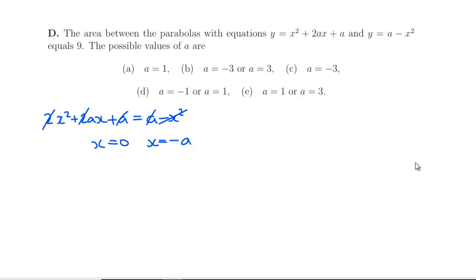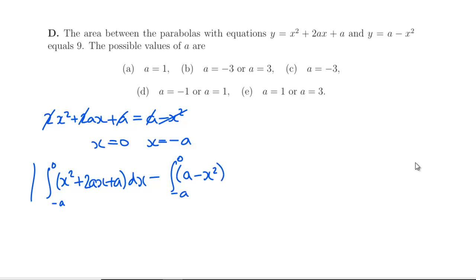So we want to do the modulus of the difference of the integrals. We go from minus a to 0 of x squared plus 2ax plus a dx, minus a minus x squared dx. This is going to be a lot more long-winded than the previous ones, and that's got to be equal to 9. Oh good grief, this is rubbish.